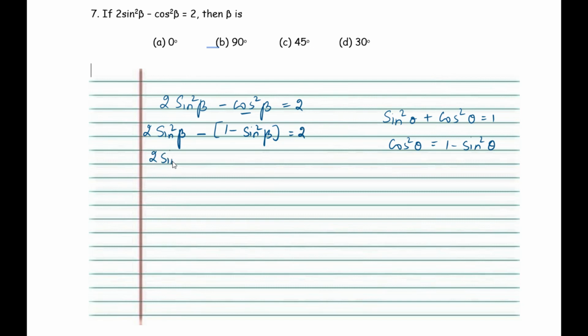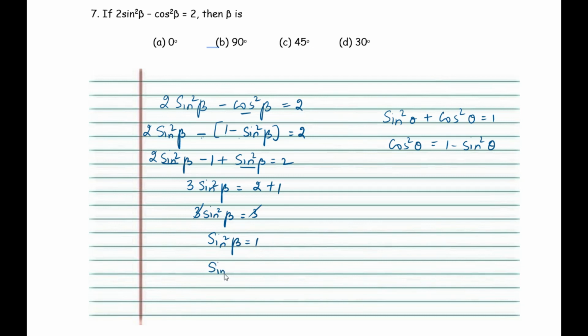Now, 2 sine square beta minus 1 plus sine square beta equals 2. 2 sine square beta plus 1 sine square beta, we get 3 sine square beta, which is equal to 2, shift minus 1 to RHS, it becomes plus 1. 3 sine square beta equals 3. 3 and 3 will cancel out, we get sine square beta equals 1.